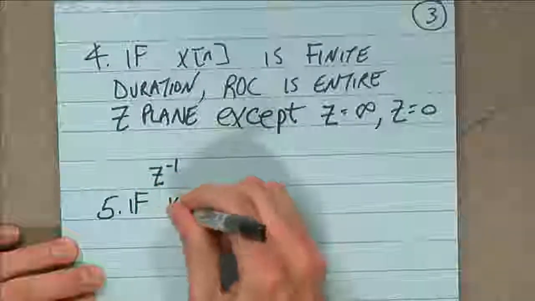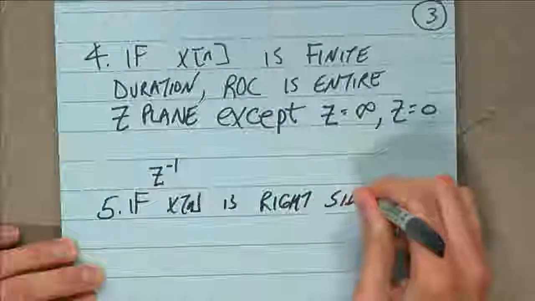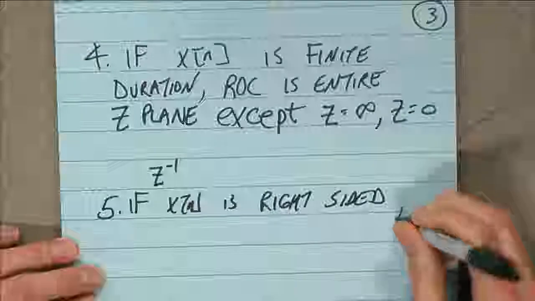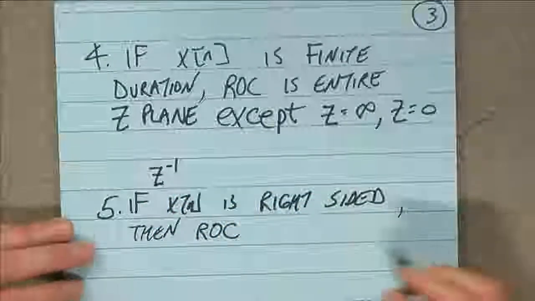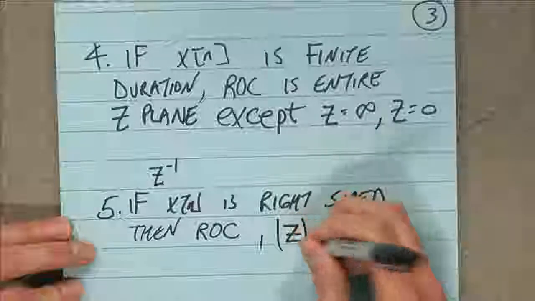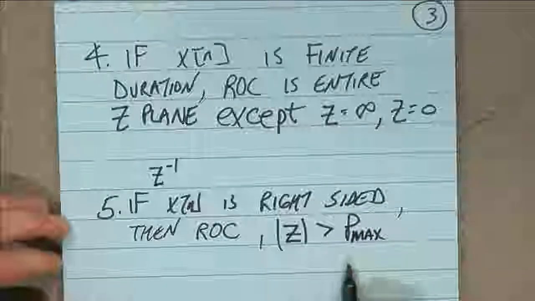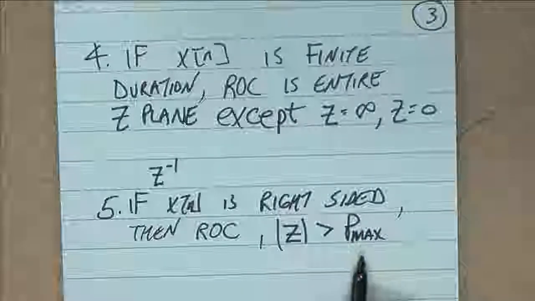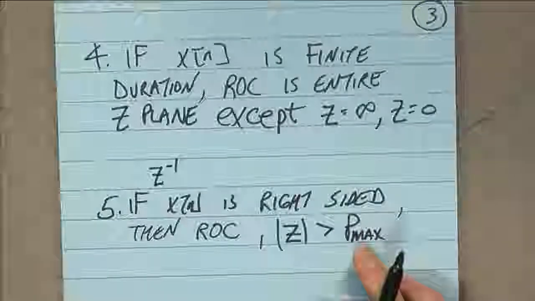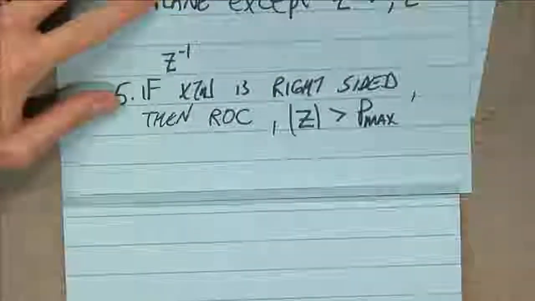So if x of n is right-sided, then the ROC, region of convergence, is of the form |z| greater than p max, where this capital P max just means the largest magnitude pole. P for pole and max for the maximum. So it's back to that shape. That means you're right-sided.